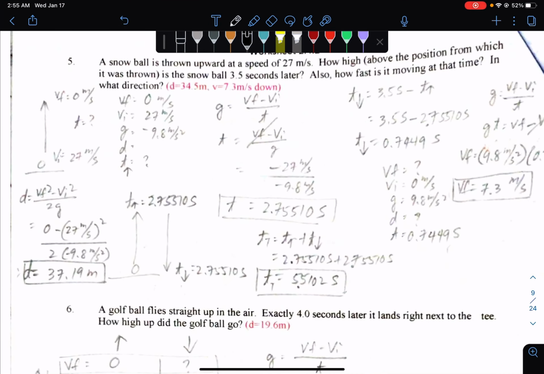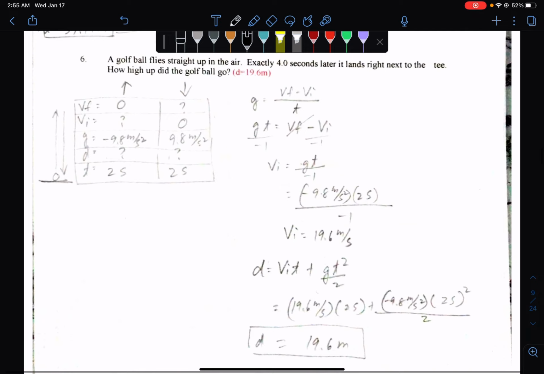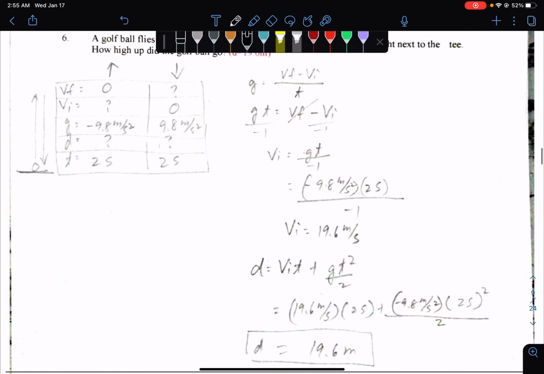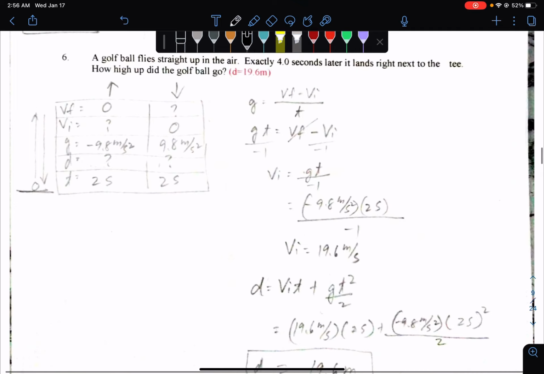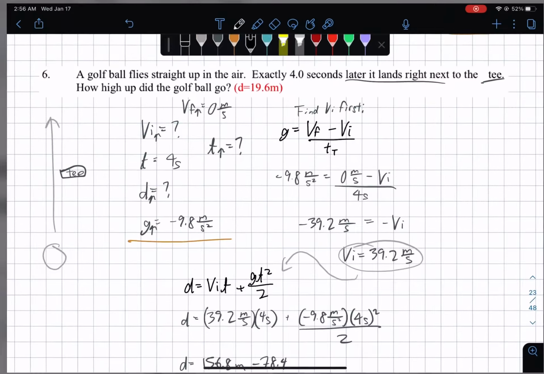That's it. I kinda give up. Okay, it was the same process. You had to look for VI. It is said to be 19.6.